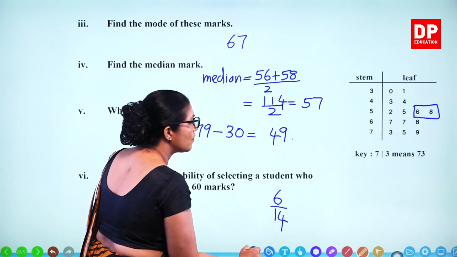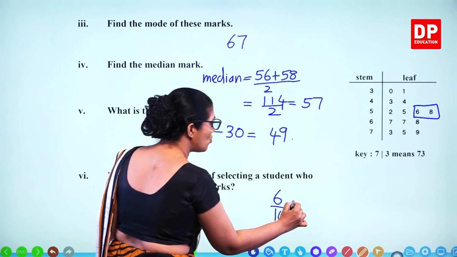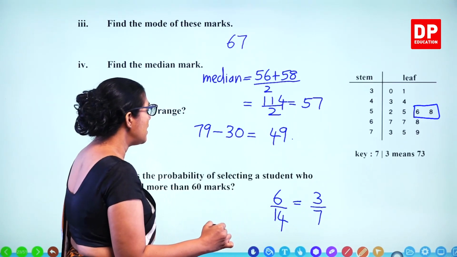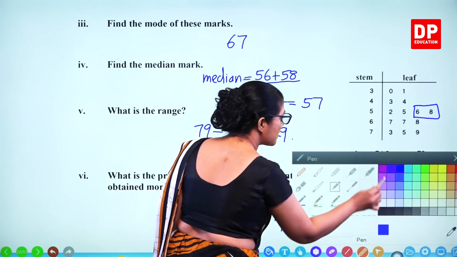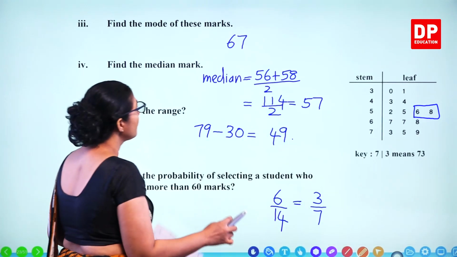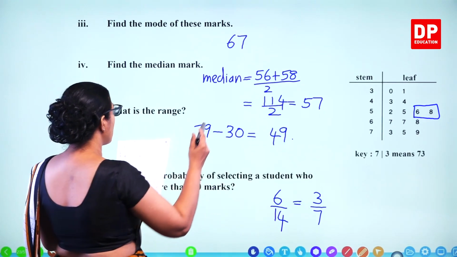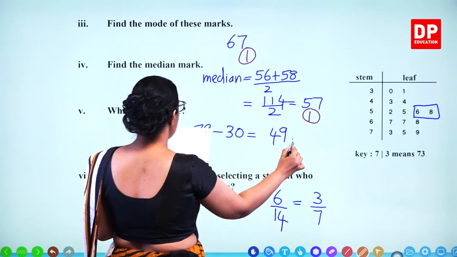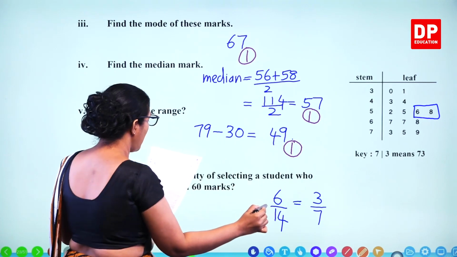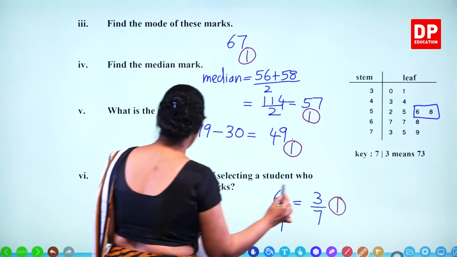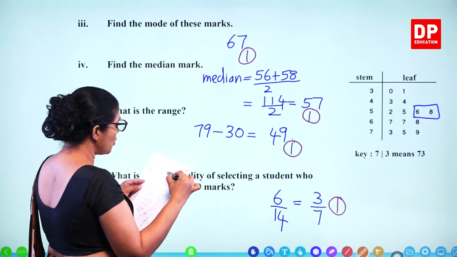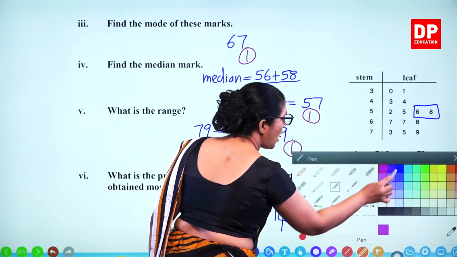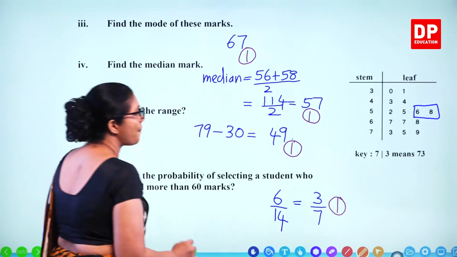So we'll simplify. 2 times 3, 2 times 7. So that's the probability. So let's give marks. You are getting 1 mark for 67, 1 mark for 57, another 1 mark, and here 1 mark. So we gave 1, 2, 3, 4, 5, 6. 6 marks altogether up to that part.